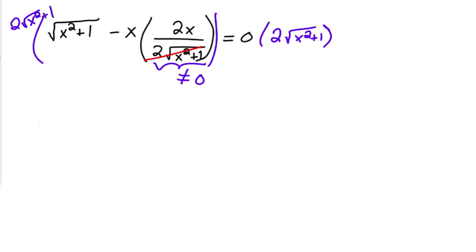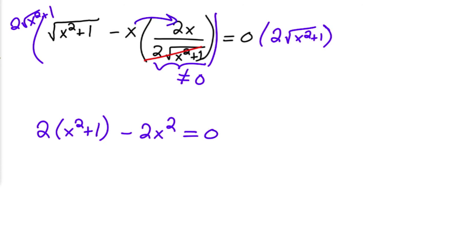So from that we're going to get 2 times x squared plus 1 because the square roots go away, and then minus 2x squared equals 0.